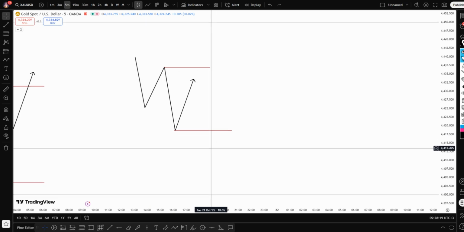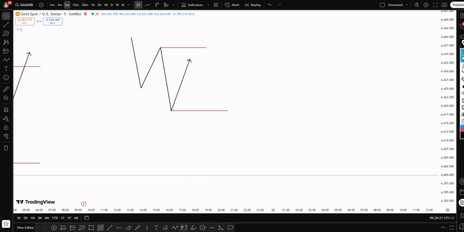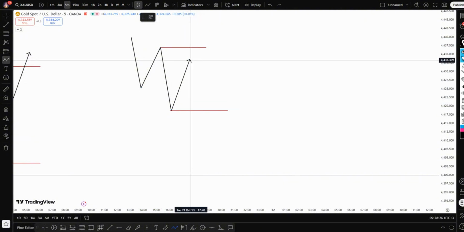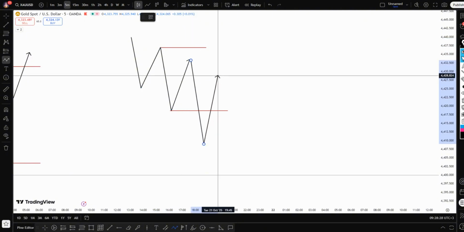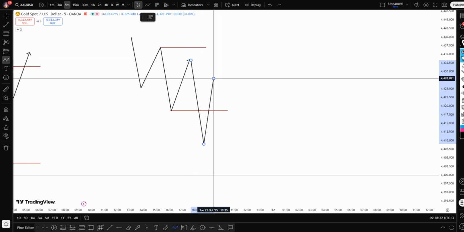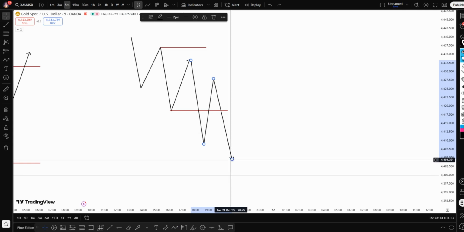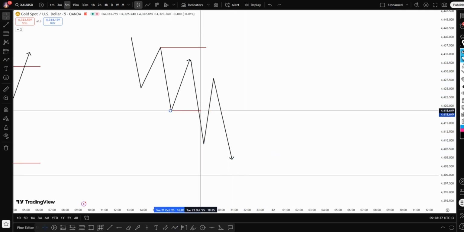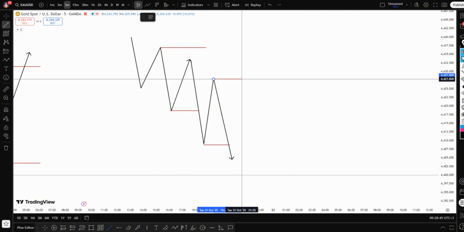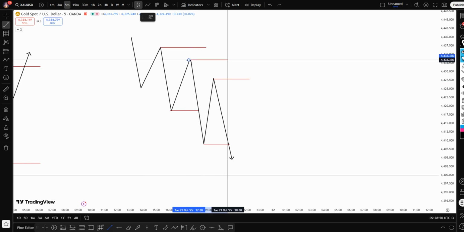So what we want to do is see price come lower to sweep this liquidity level, then retrace back into this range from here to here, then drop again. And once it drops again, it means price has cleared this liquidity level, and also generated this liquidity level right here and this liquidity level right here.